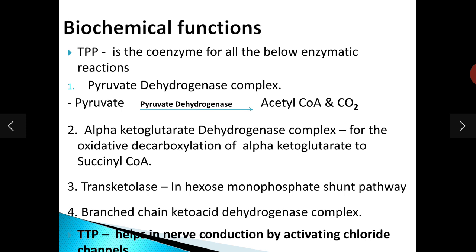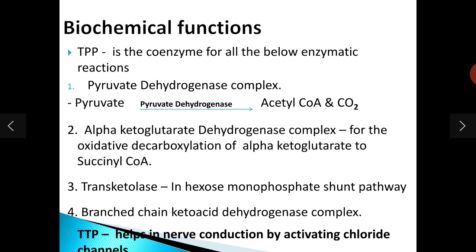Here the coenzyme is your TPP. And the alpha ketoglutarate dehydrogenase complex, for the oxidative decarboxylation of alpha ketoglutarate to succinyl CoA in the TCA cycle. There again TPP acts as a coenzyme.